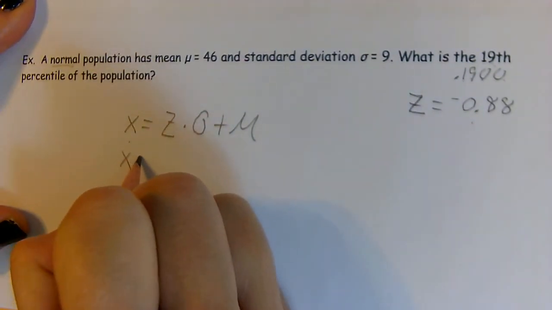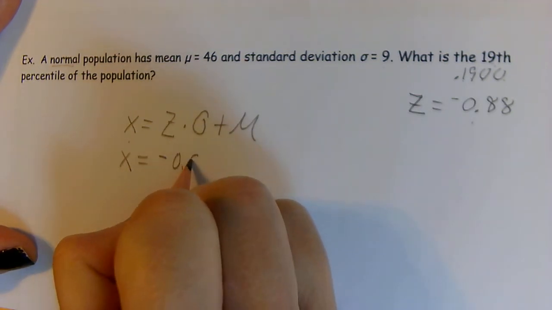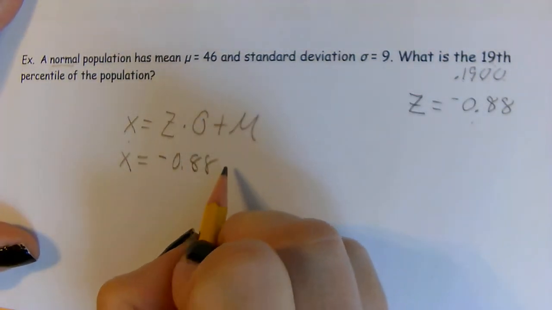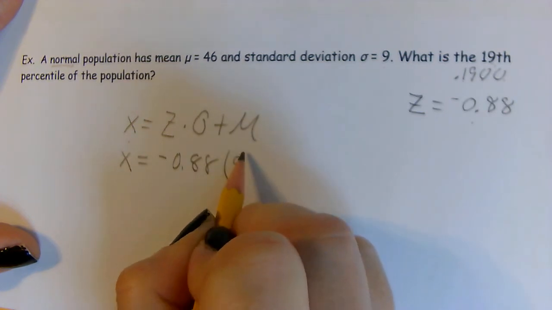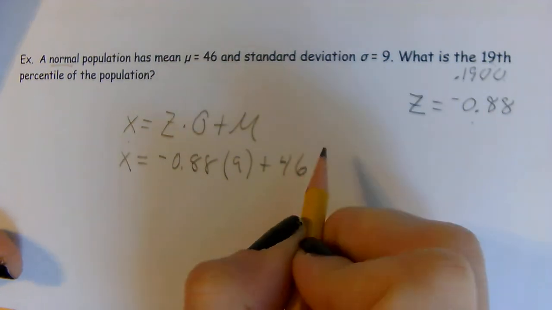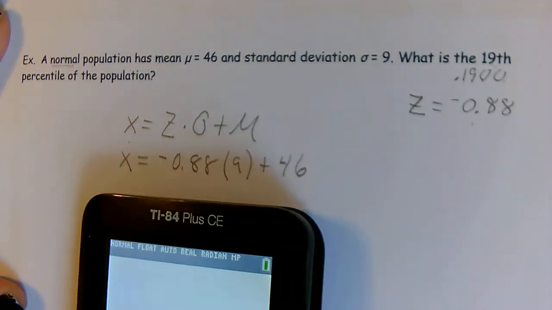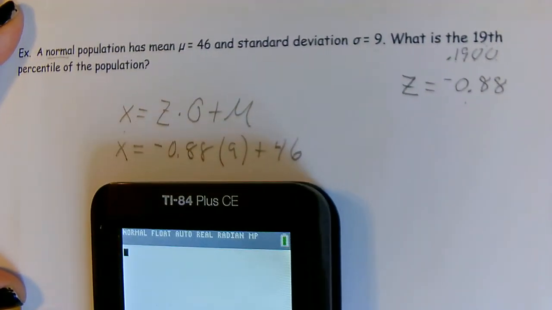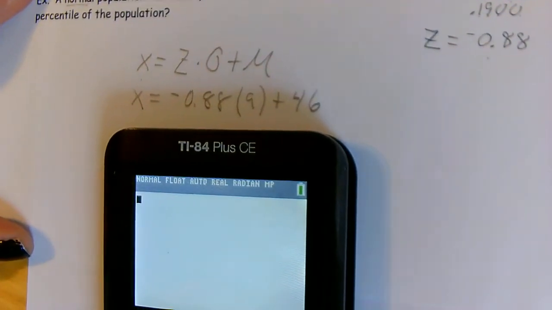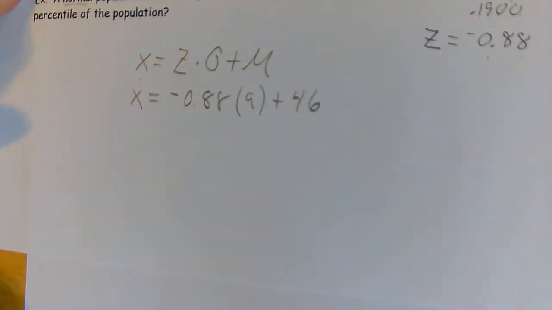I'm going to find the normal value, the x. That is 0.88 standard deviations below average for this normal distribution. $38.08.